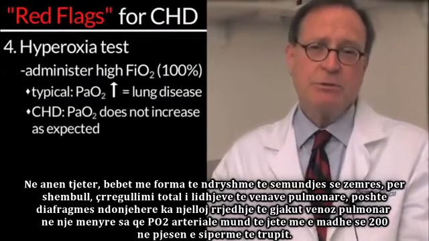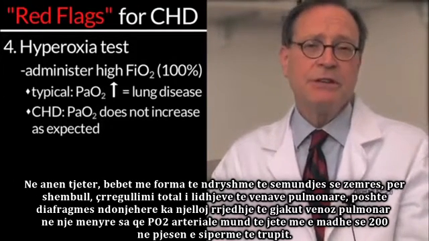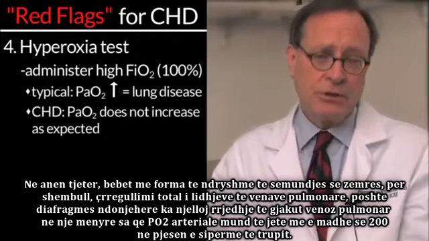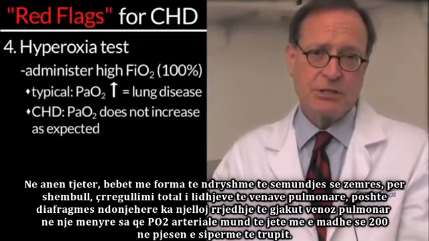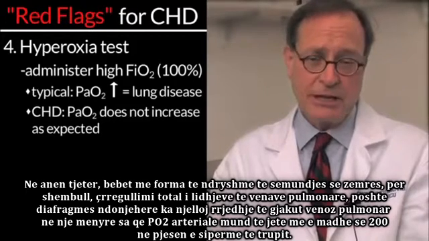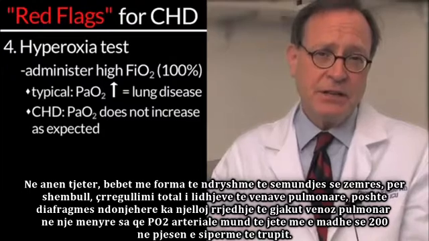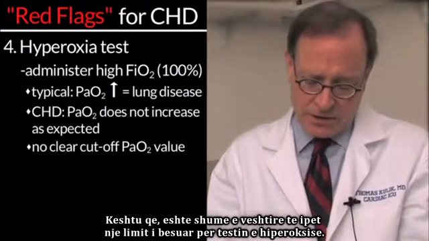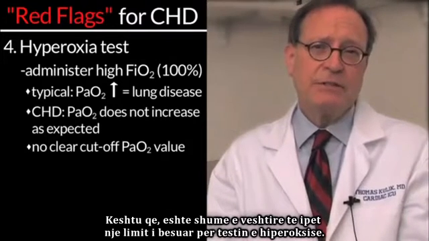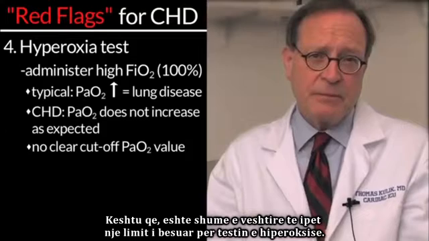On the other hand, babies with certain forms of heart disease, for example, total anomalous pulmonary venous connection below the diaphragm, will occasionally have streaming of pulmonary venous blood in such a way that the arterial PO2 can actually be greater than 200 in the upper body. And so it's very hard to give a discrete, reliable cutoff for the hyperoxia test.